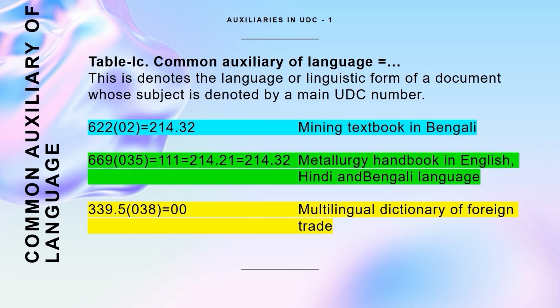Or you can use equal to 00 for multilingual. You see the next example, that is multilingual dictionary of foreign trade. So foreign trade is 339.5, dictionary is a form that is within parenthesis 038, and equal to 00 is for multilingual description.